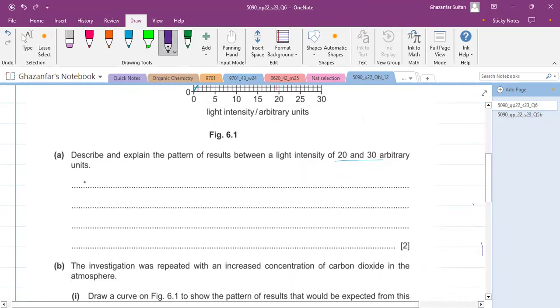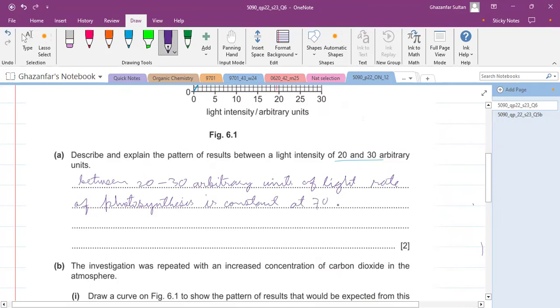So we should write that between 20 to 30 arbitrary units of light, the rate of photosynthesis is constant at 70 arbitrary units.